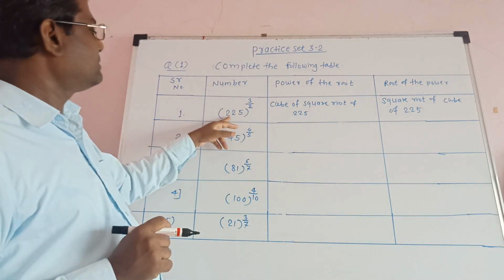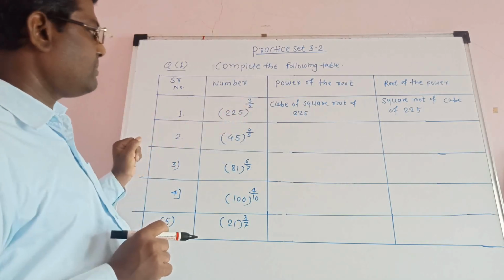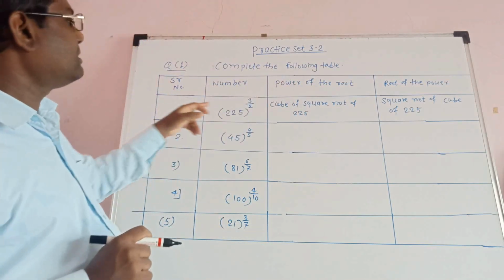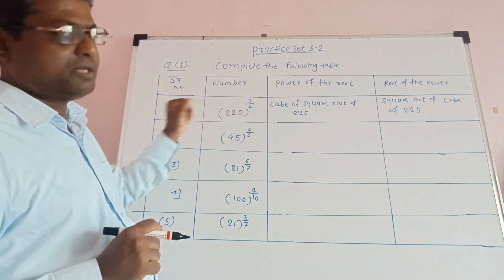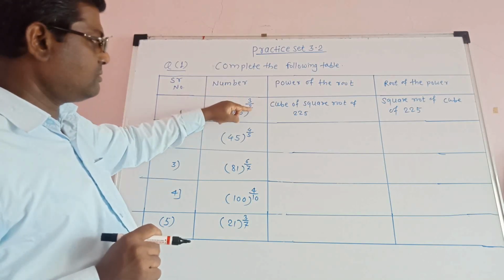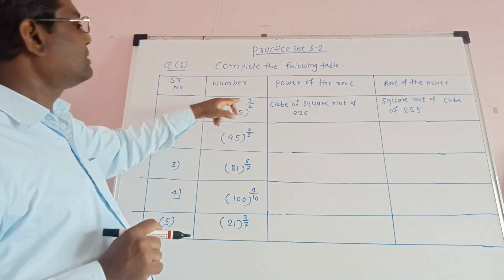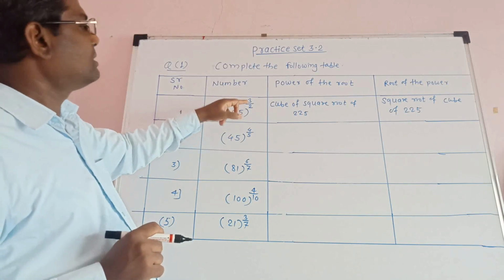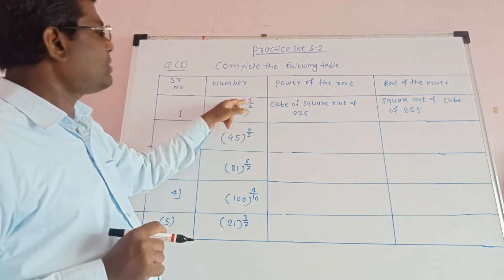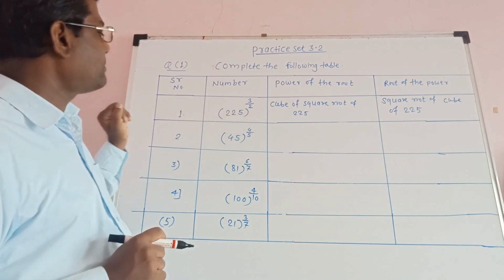First example is 225 raised to 3 upon 2. Now in this example the index is 3 upon 2. 3 indicates power and 2 indicates the root, square root. 3 means cube. So we write cube of square root of 225.